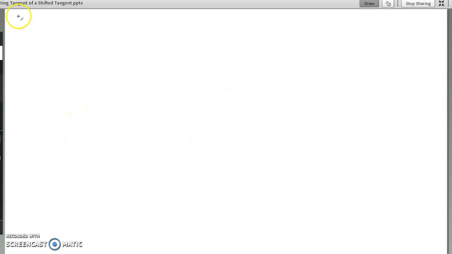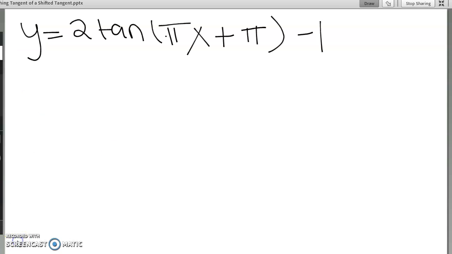So it's already in the form that we want it to be in. I can easily see what my a, b, c, and d values are. My a is the absolute value of 2. Absolute value is always going to be positive, so my a is 2. That is my stretching of 2.